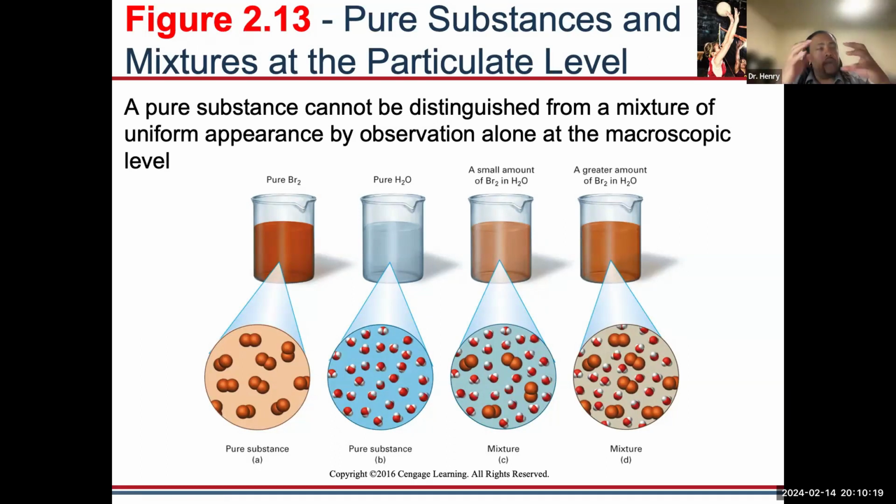Okay. So often we'll be mixing things together. And so we have to think about whether it's going to be a pure substance or whether it's going to be a mixture. So if we take a look here, this represents bromine. Bromine is Br, that's a symbol. It's also a diatomic element. I'm going to type that out. And then I'm going to tell you a little bit more about diatomic elements.